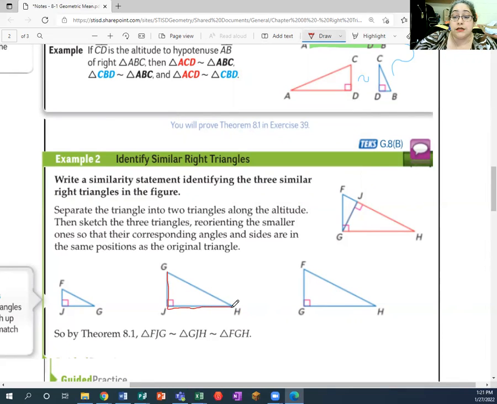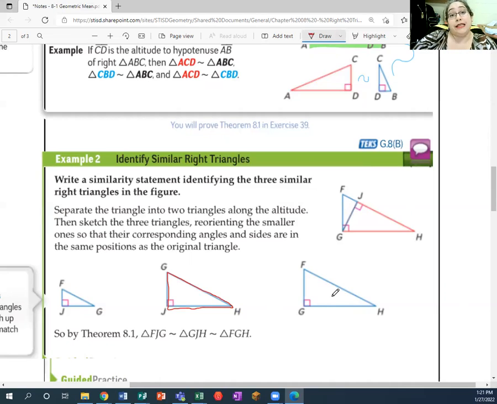Now notice that we've spun this triangle around a little bit, so that the right angle is in the same corner as the right angle of the first triangle that I drew. And then this one is the big triangle, FGH. And again, I've put that right angle so that they're all in the same position.